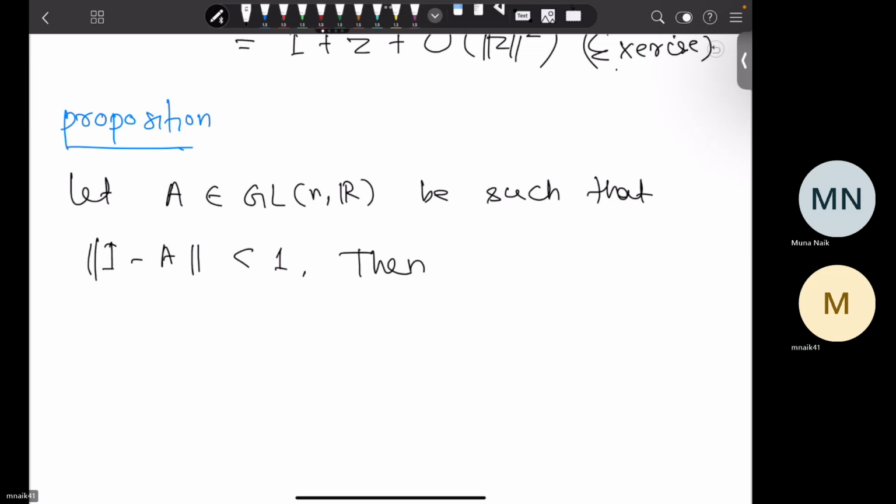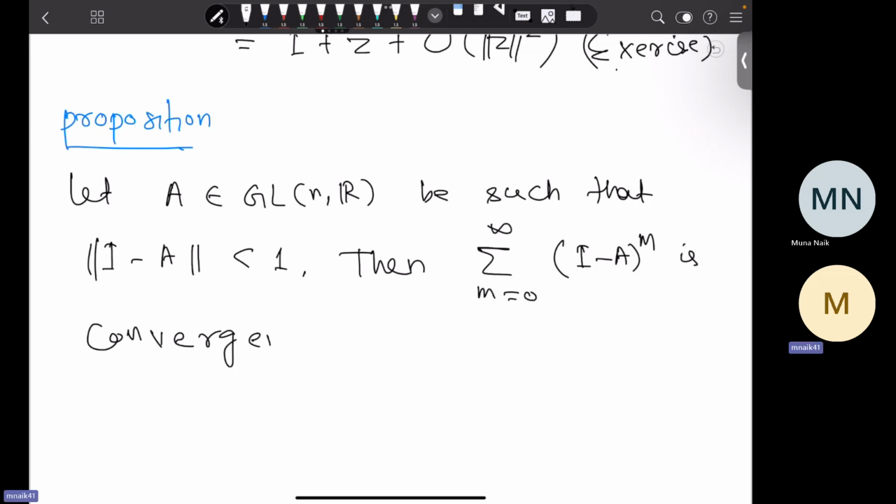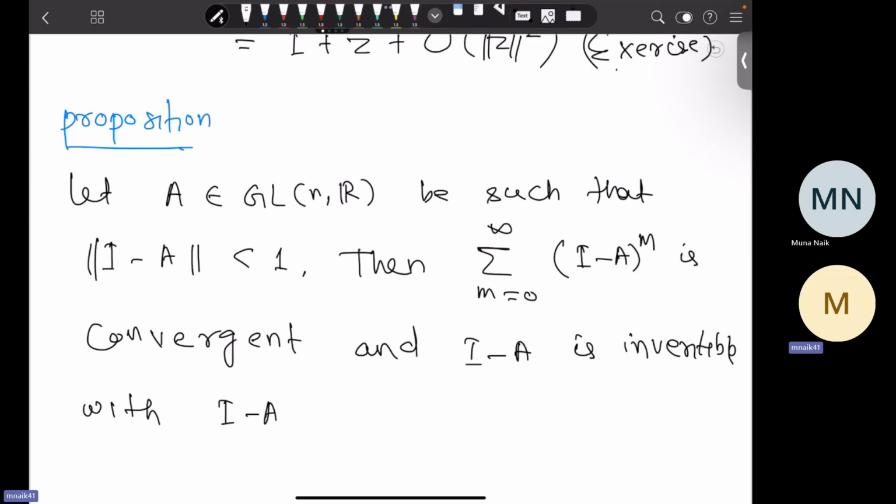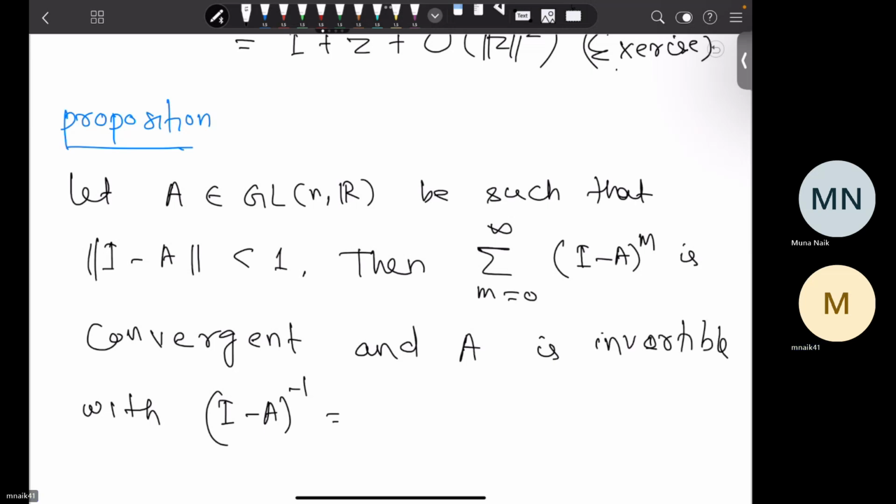Then the series, the sum from m equals 0 to infinity of I minus A to the power m, is convergent, and A is invertible with A inverse equal to this sum.